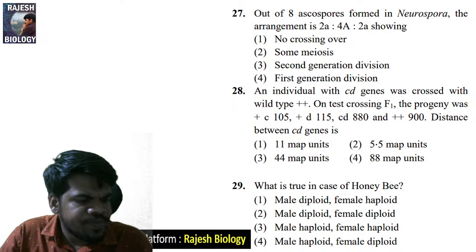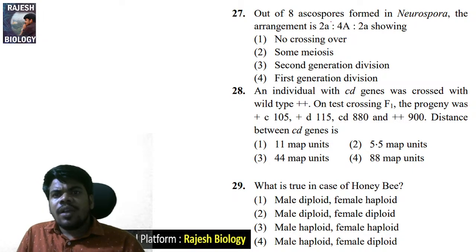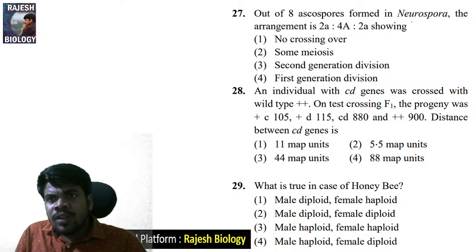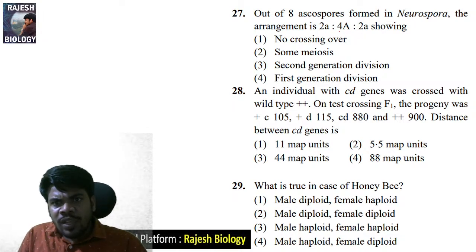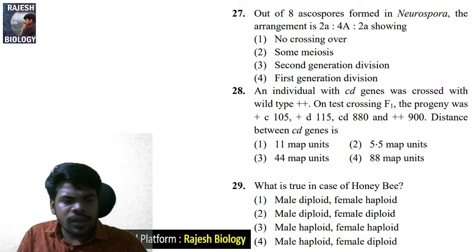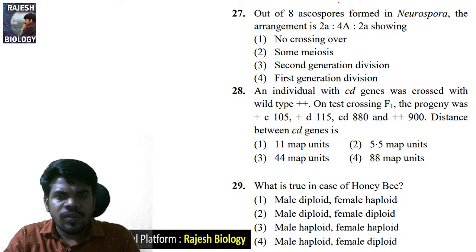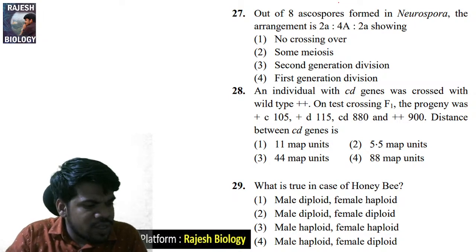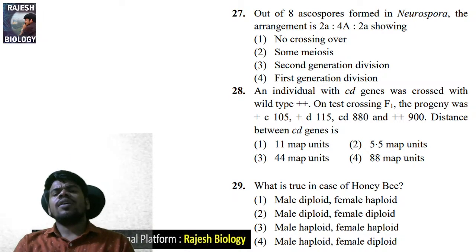Come to the 27th question. Out of 8 ascospores formed in neurospora, the arrangement of 2A, 4A, and 2A is showing crossing over, yes, correct.